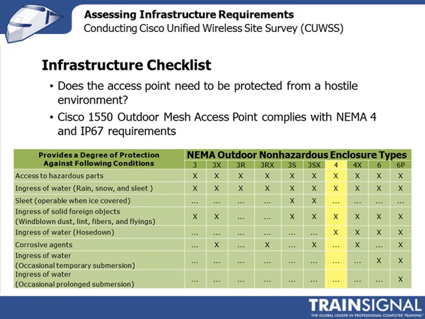The IP ratings are very similar to what you see being produced by the National Electrical Manufacturers Association, except these are published by the International Electrotechnical Commission, the IEC. So they're basically two different rating systems by two different organizations.